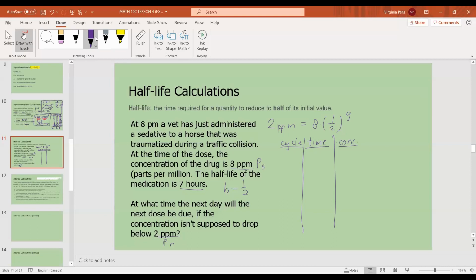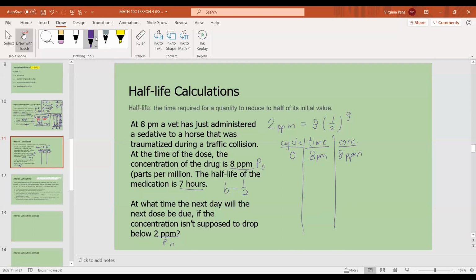At 8 p.m., let's call this cycle 1. Sorry, we have to be very careful, because it might be cycle 0, because this is the P0 value. So at cycle 0, which is 8 p.m., the concentration is 8 parts per million.